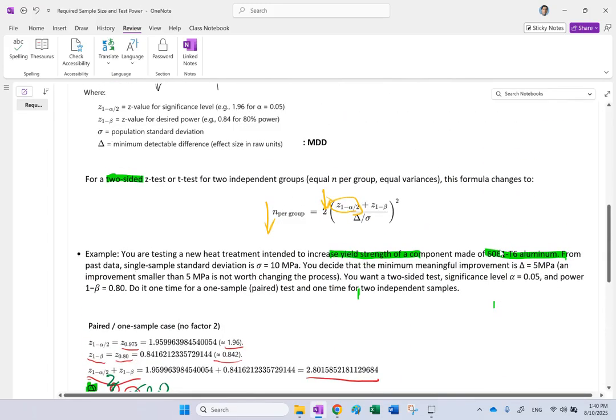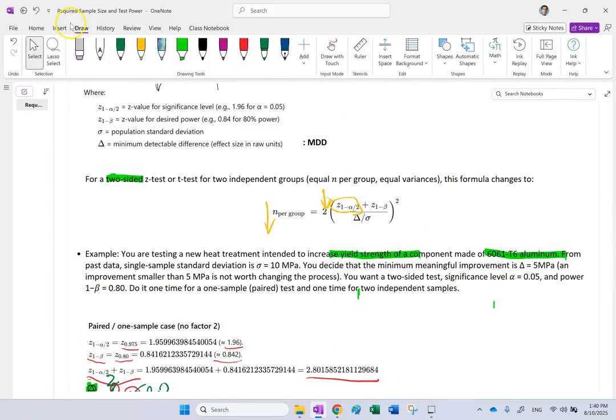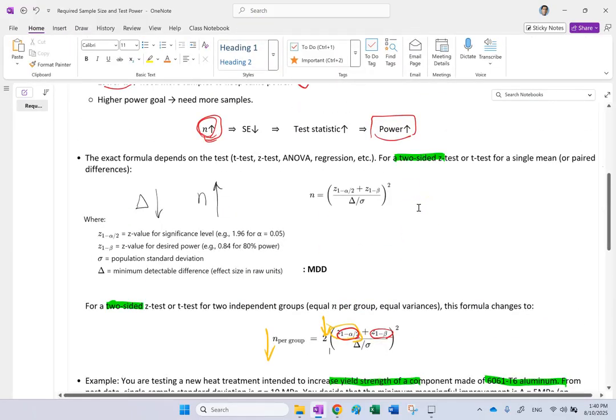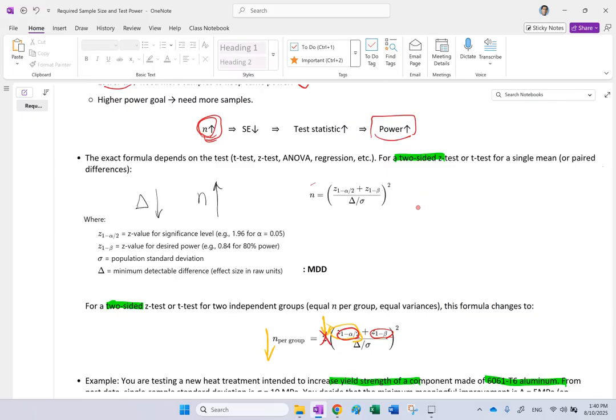So the most critical factor, I would say, if you want to keep the same power of the test and the same significance, the most important thing to do is really, first, if you can do a paired test, so that the 2 does not exist and it's a 1.